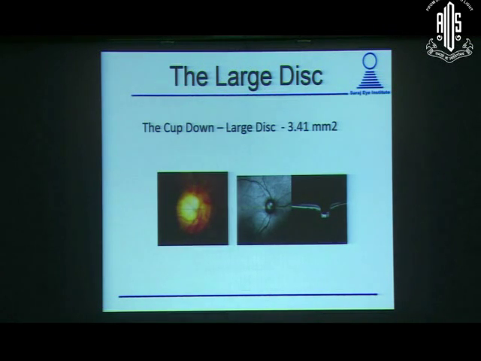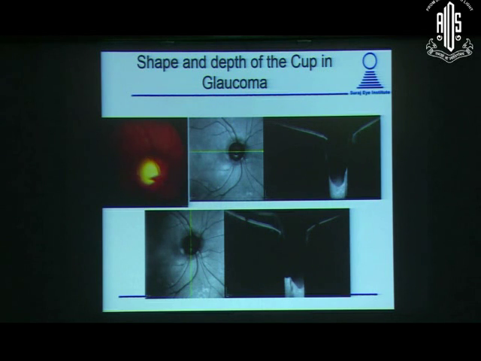Now this is a large disc with a large cup, and you can see with a scan going through the optic disc how it dips down like this, and this cup is of course much deeper than what we saw just before, and that is quite normal with large discs.